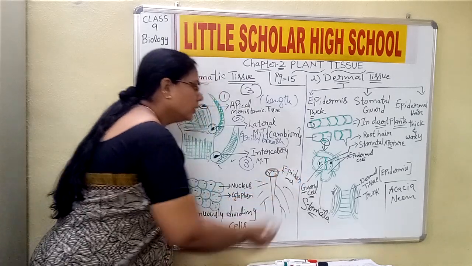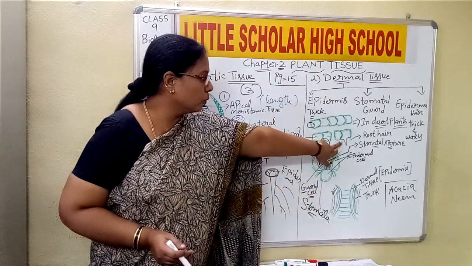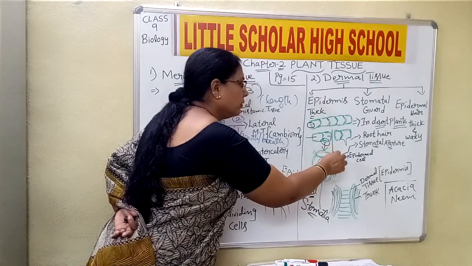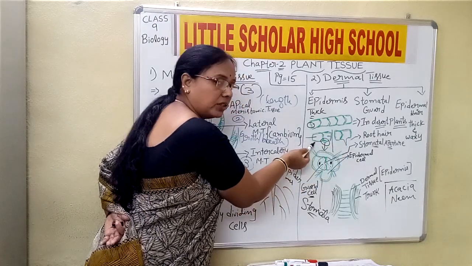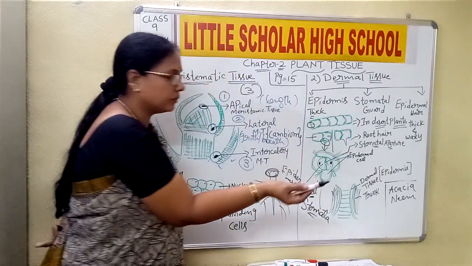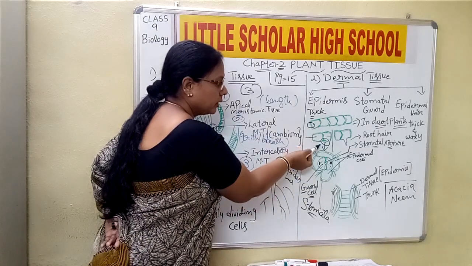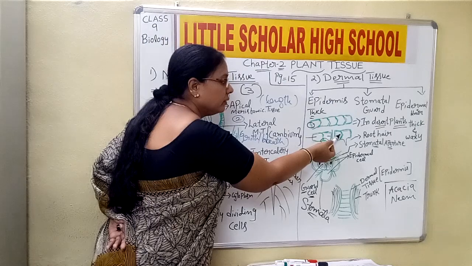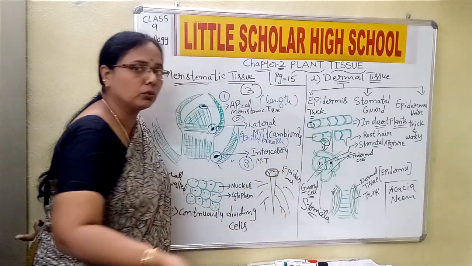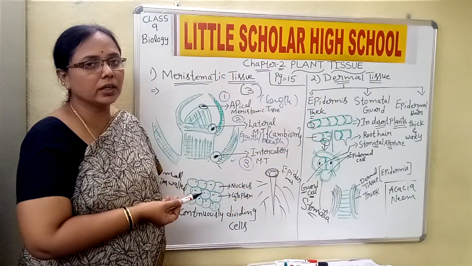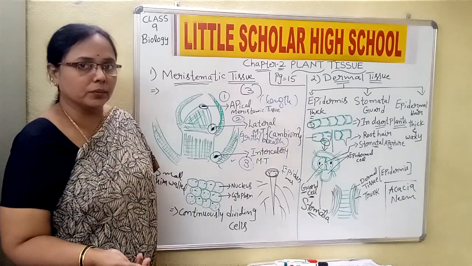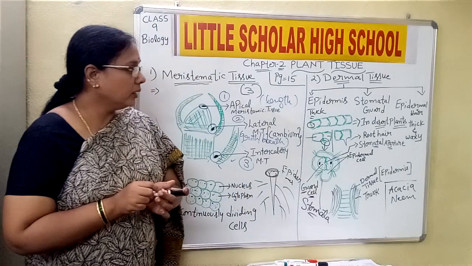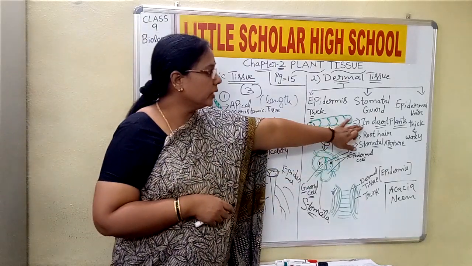We find the stomata in the leaves, yes or no children? So in the epidermal cells we find the stomata, and these epidermal cells we also find in the root. Naturally when we are talking about the root hair, it refers to the root system.